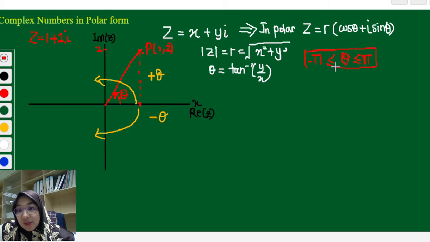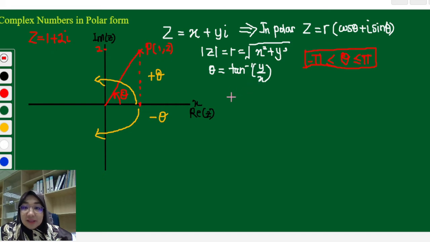Okay, let's look at the first example. Katakanlah you have z equal to 1 plus 2i. So can you find the complex number in polar form? In polar form maksudnya you kena bagi the last answer dalam bentuk polar form.